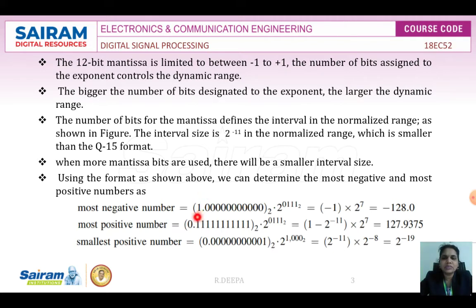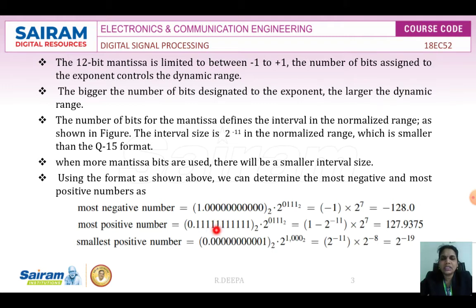To calculate the most negative number, since it is negative, put the MSB as 1, and the remaining fractional bits as 0 0 0, multiplied with the exponent as 2 power of 111. If you do this multiplication, you will get the most negative number as minus 128.